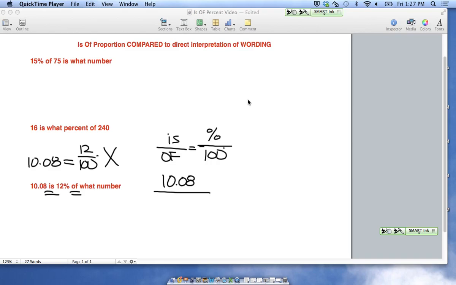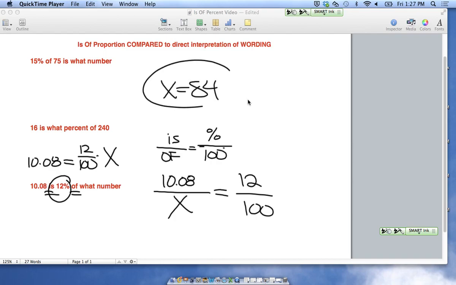Of what number? That's what I don't know, so that's my variable. The percent stays the same in both equations. So you can solve either equation for x, and in this problem, x is 84.